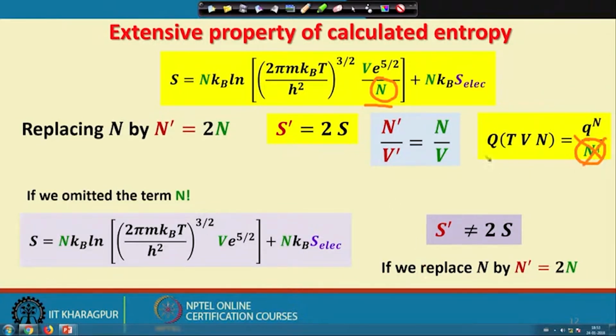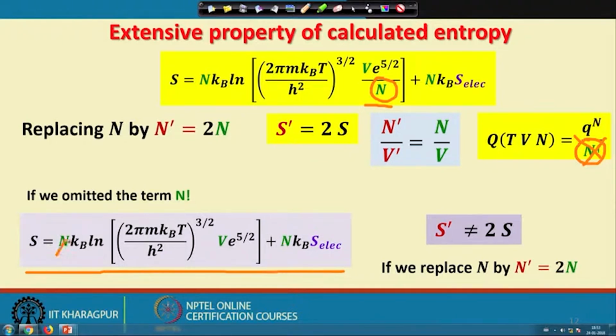We just wrote capital Q is equal to small q to the power of N, which means that the corresponding expression for entropy would have been given by something like this. Now, what would have happened if you wanted to check for the extensivity property of entropy?